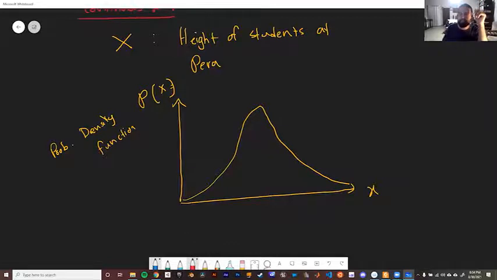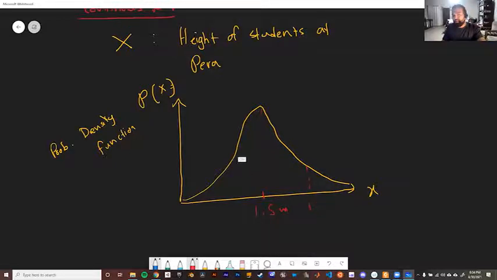Let's say this is the height of students at Pera, and let's say the average height is 1.75 meters. Sorry, that's a bit tall. Let's say 1.5 meters is the average, and then we have 1.75 or whatever.